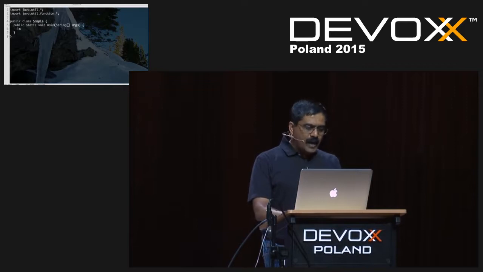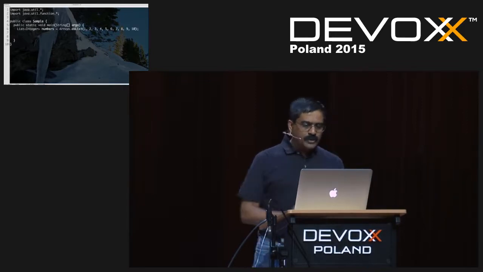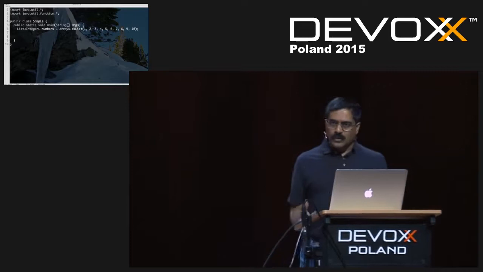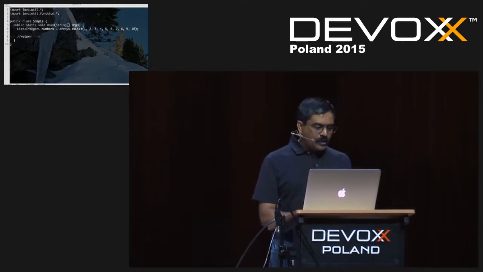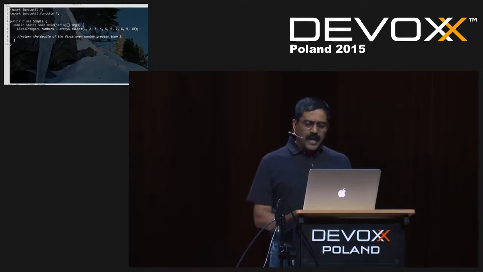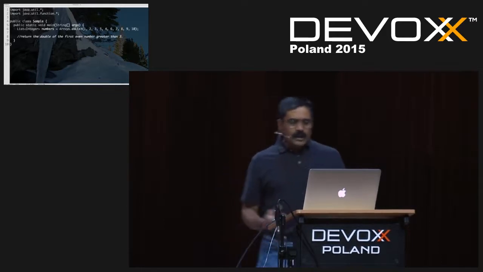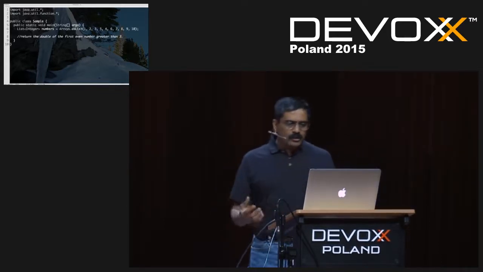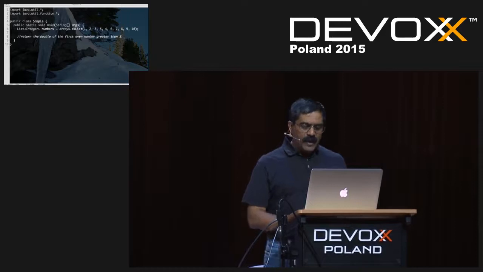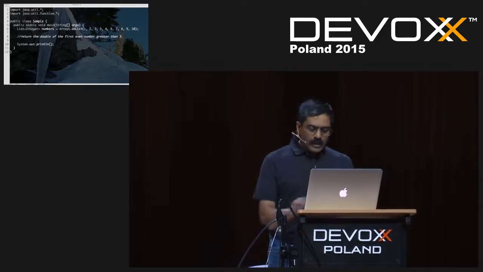So I'm going to say list of numbers 1 to 10, and I want to go through this list and return the double of the first even number greater than 3. And I'm going to change this list just a little bit to say 5 and 4. So if you look at this code, we are saying return the double of the first even number greater than 3.